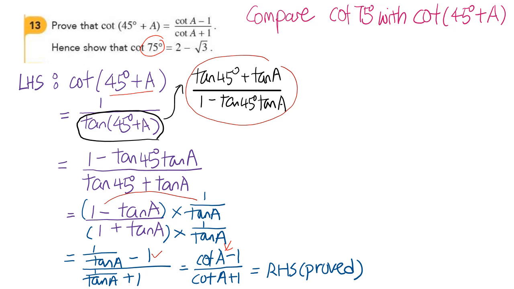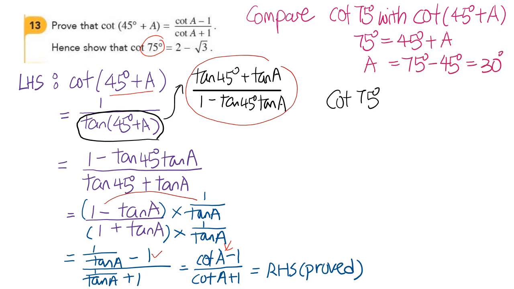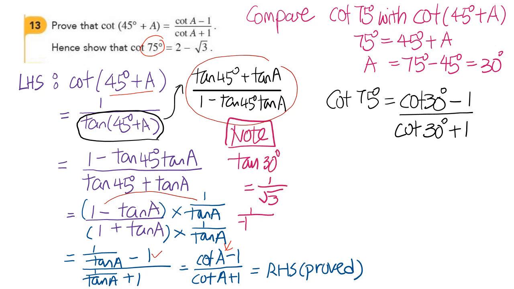Okay, so the explanation is there. Compare cotangent 75 with cotangent 45 degrees plus A, so substitute A to be 30 degrees. And cotangent 30 is 1 over tangent 30. Tangent 30 is a special angle, which is 1 over square root 3. So 1 divided by 1 over square root 3 will just give you square root 3. Okay, so the explanation is there.